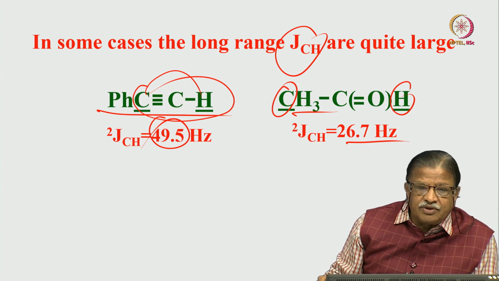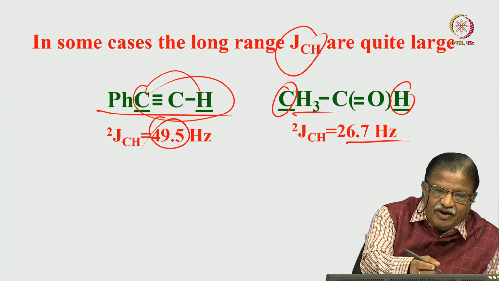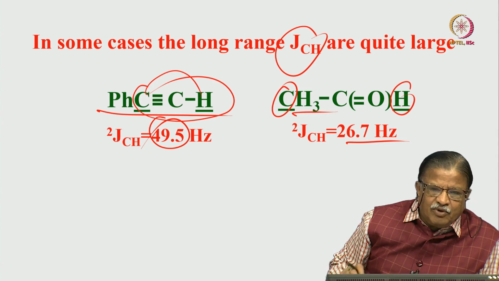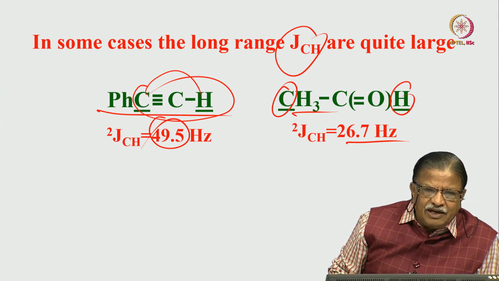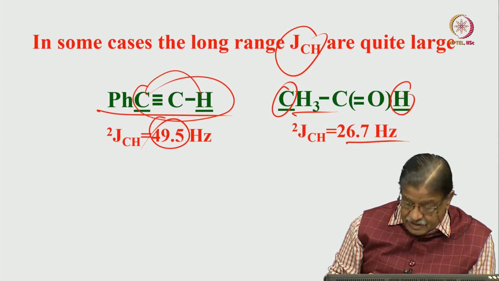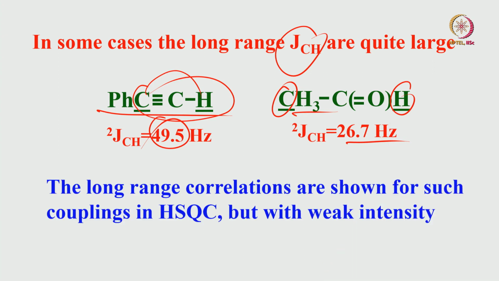That is too large. See, 49.5 is almost more than 1/3 of 135 Hz. As a consequence, they will give rise to peaks. In such examples, long range correlations are also seen in HSQC, but with weak intensity. You can calculate what the intensity of that peak should be compared to 1JCH. It is a reasonable intensity in this case compared to the previous example. So these are all specific examples where you may get long range correlations also.